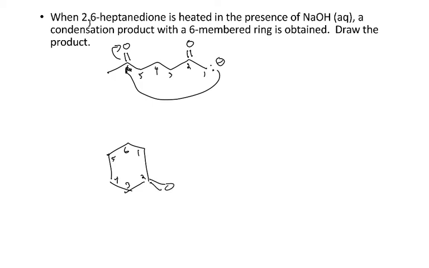Carbon 6 is going to have a methyl and the alcohol. And so that would be our addition product. And so for the elimination, we're going to want to form the alpha-beta unsaturated diketone. So the double bond is going to go there when we eliminate that OH. And so our condensation product is going to be that.